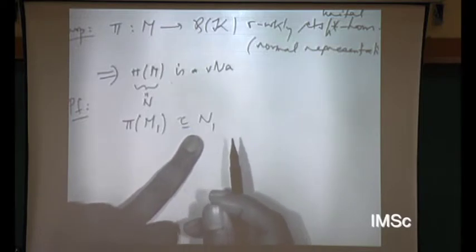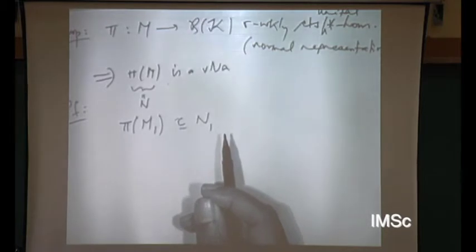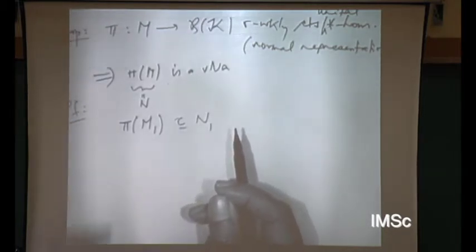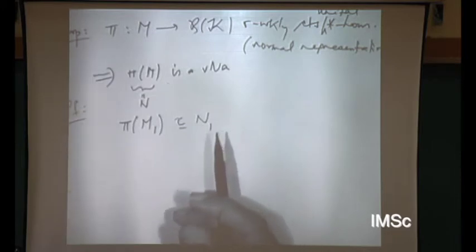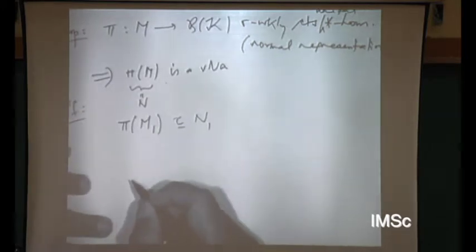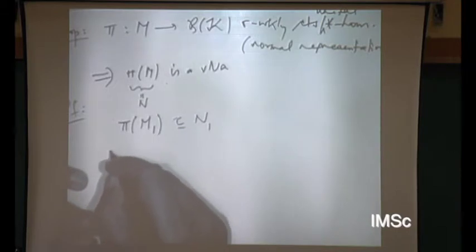And that was one of the characterizations of a von Neumann algebra. That means N is a von Neumann algebra. So it is enough to prove the reverse.